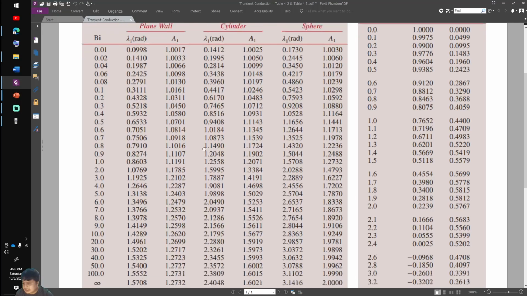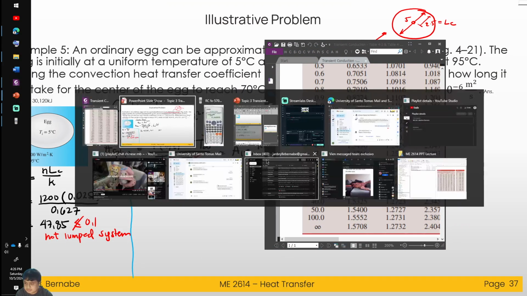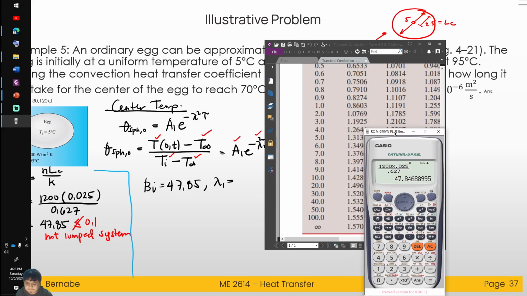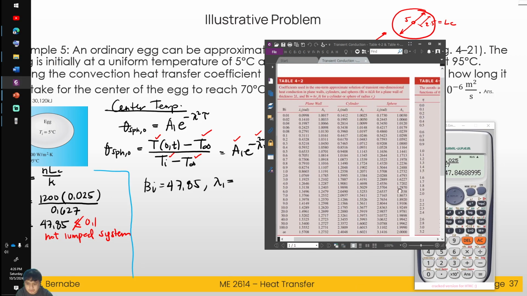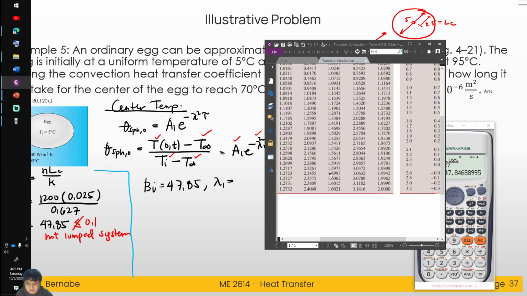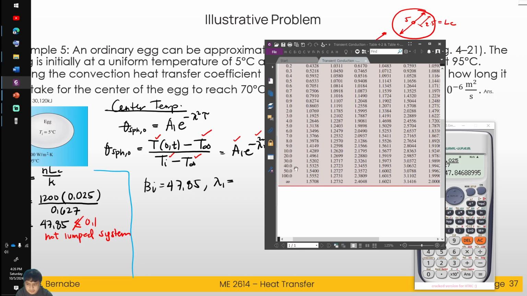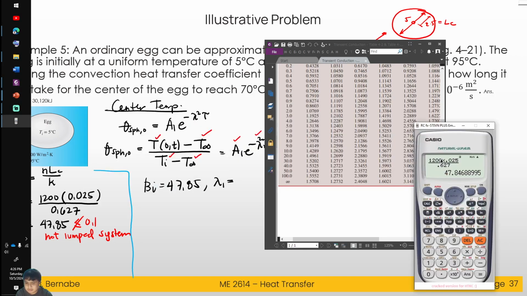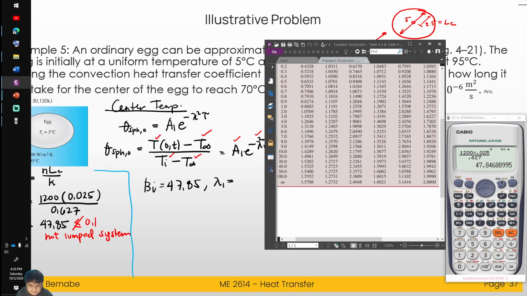Okay, so let's use this again. We have 47.85, and we need to interpolate. We are using the sphere table, looking at the rightmost part, where you have 40 and 50. To find the lambda, you just use interpolation here.